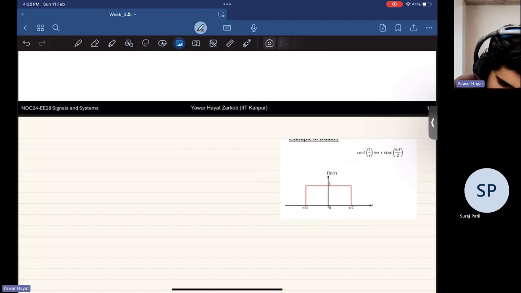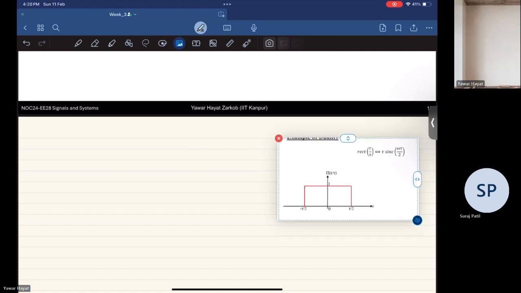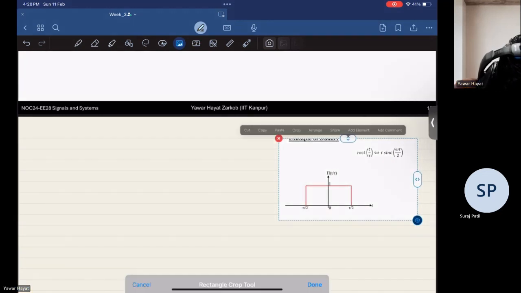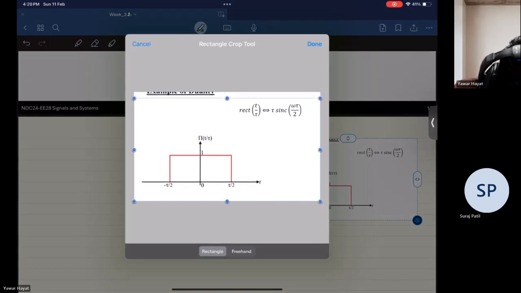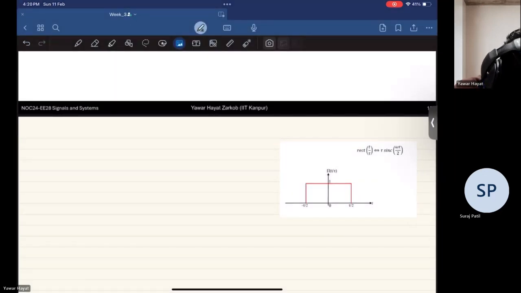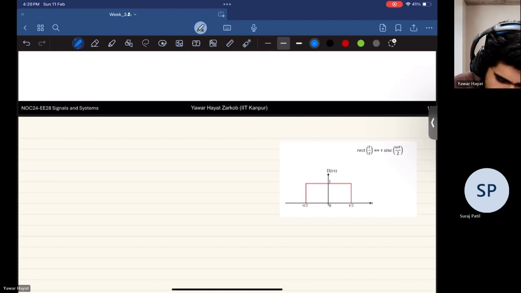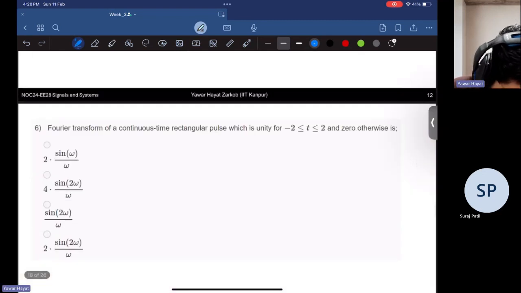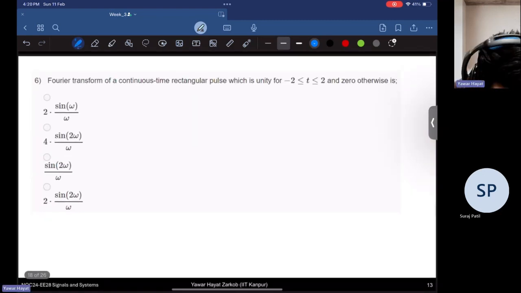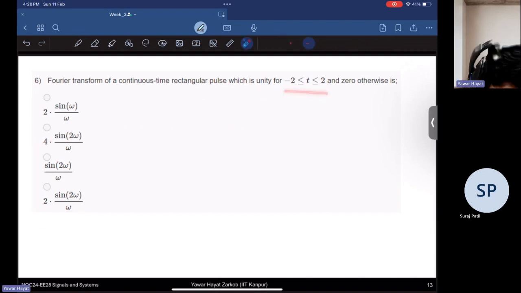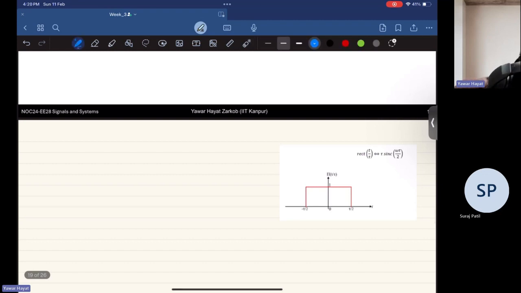Right, this was the result. So comparing this with our case, the signal is unity for this range, right? So let me draw the signal that is described in the question.